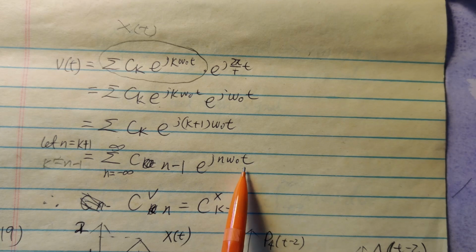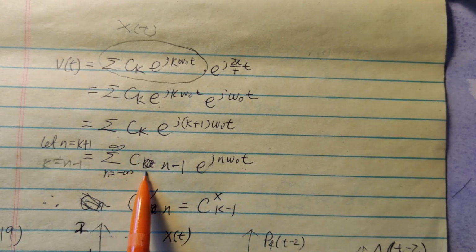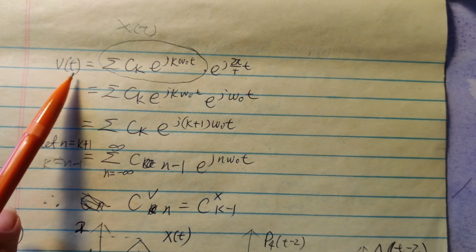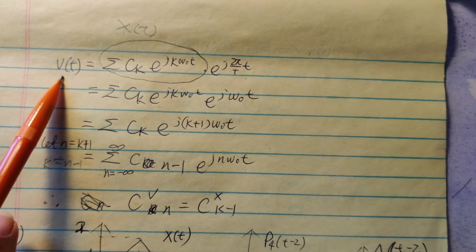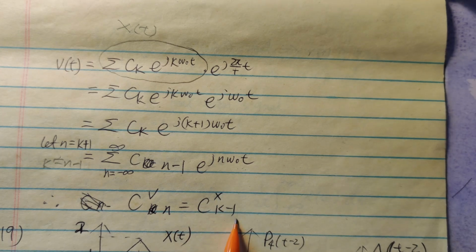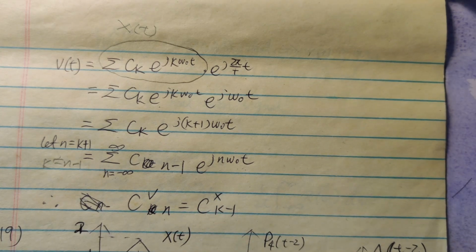So what does this mean? It means now c_(n-1) is this signal V(t)'s Fourier series. So we can write down c_V(n) is c_X(n-1). So this is problem number 3 in your homework.